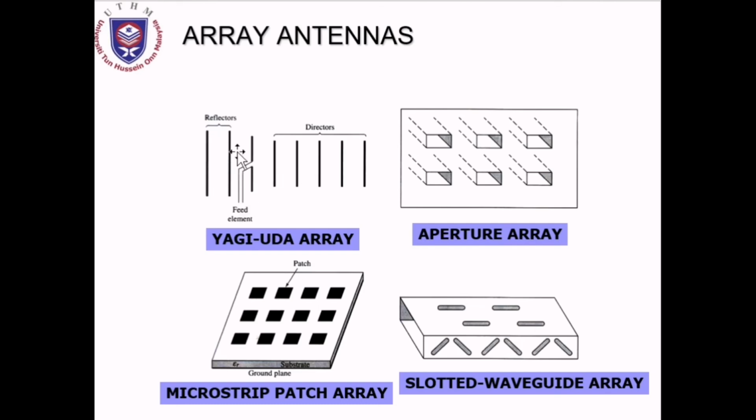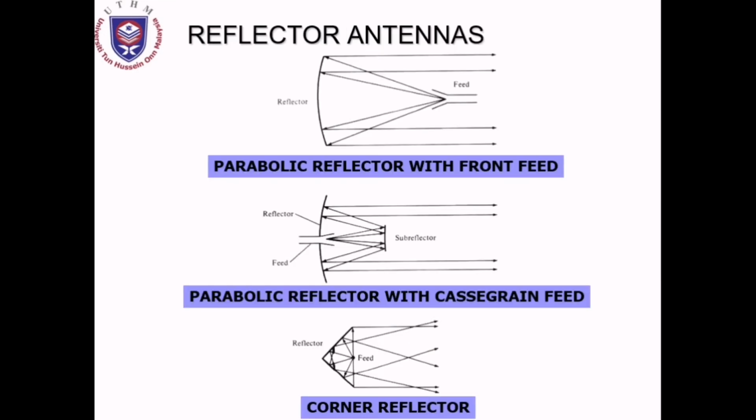With the director and reflector, the radiation can be directional to this direction over here. Other than that is a microstrip patch antenna. You have multiple patches connected to each other and radiating together, which gives a high gain directional radiation pattern.